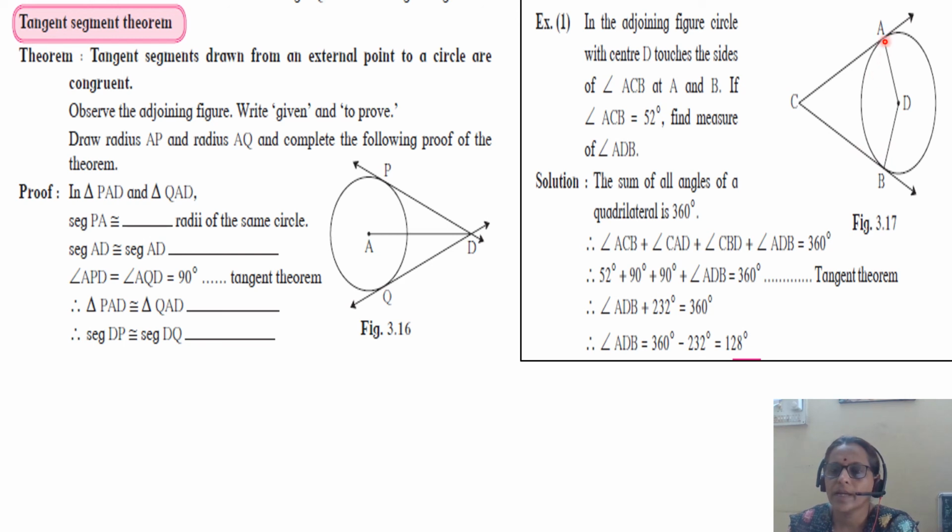So angle CAD plus angle ADB plus angle DBC plus angle ACB is equal to 360 degrees. You know angle ACB is 52 degrees, angle A is 90 degrees, angle B is 90 degrees, and angle ADB is unknown. The sum is 360 degrees. Find out: angle ADB is 128 degrees.